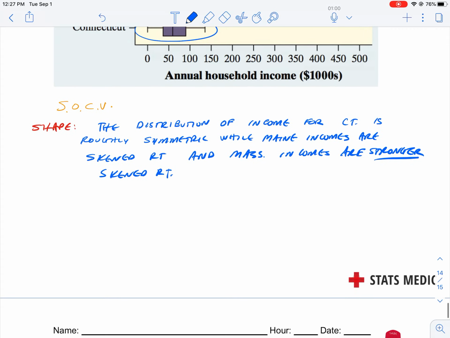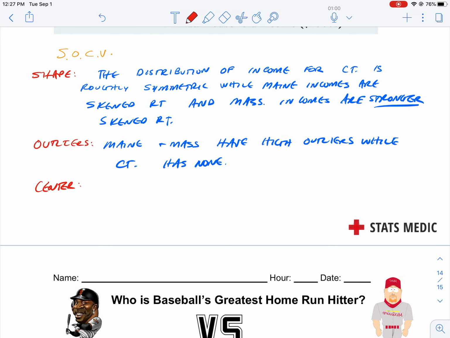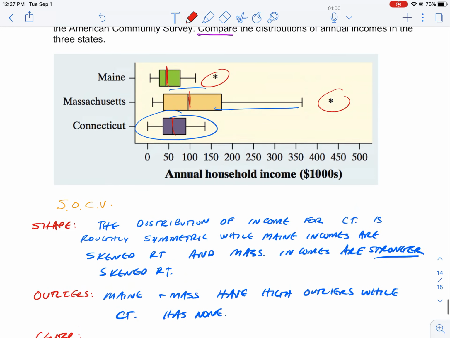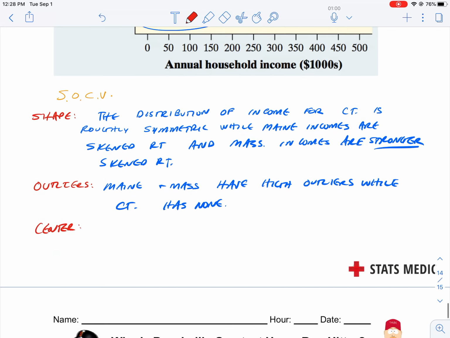What about center? What's a good measurement of center when we have box plots? Well, we've got our medians readily available. So what can we say about those? The center, we can say high, middle, low, or high, highest, right? So Maine is lowest, and then Connecticut is second, and Massachusetts is third.